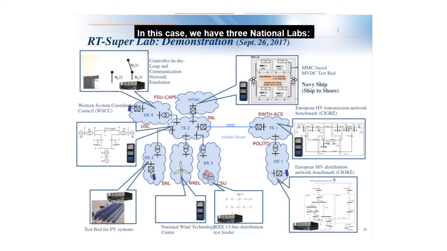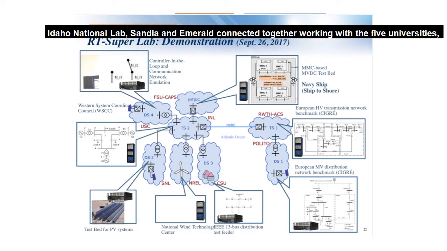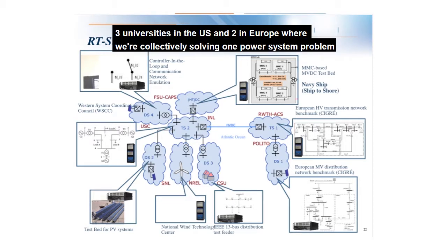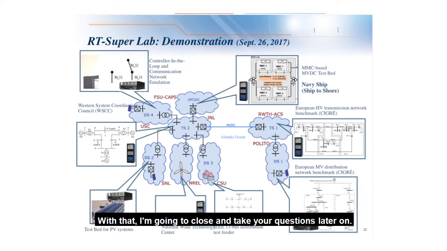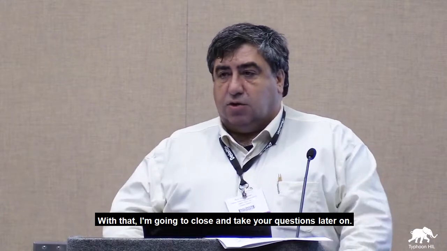In this case, we have three national labs, Idaho National Lab, Sandia, and NREL, connected together, working with five universities, three in the US and two in Europe, where collectively we're solving one power system problem, utilizing each other's tools. We're going to talk more about this in the afternoon, just a quick overview of it. With that, I'm going to close and take your questions later on.